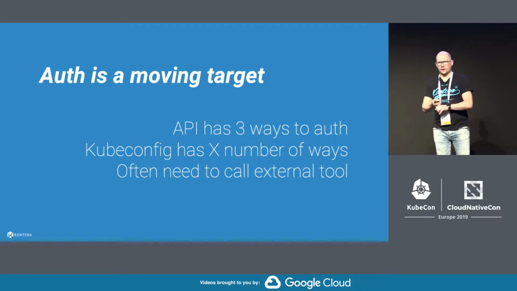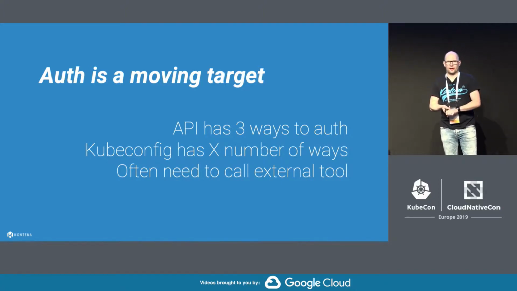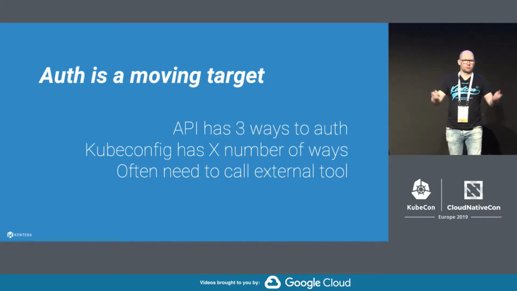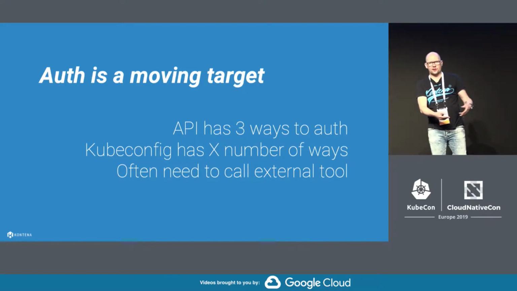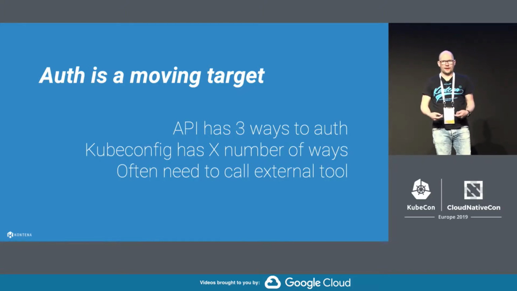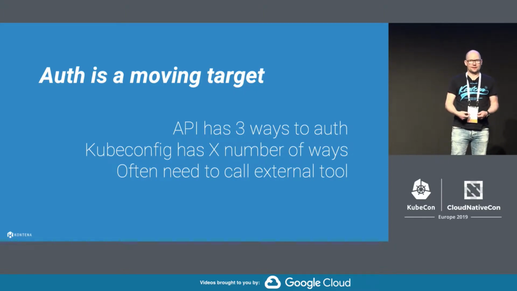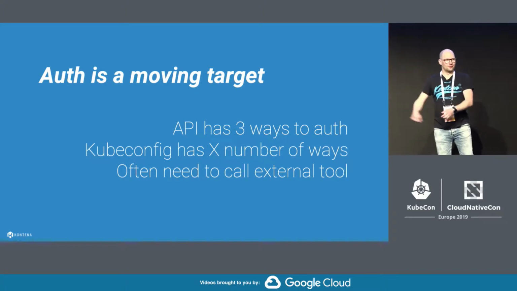Of course, for tokens there are a couple of variations, but it's still essentially token authentication. So pretty straightforward. Well, it turned out that the KubeConfig, which is used to configure the client side, has X number of ways to configure authentication. And I really mean X, because I have a gut feeling that we haven't seen all of them yet. Some weird corner cases have been popping up every now and then, and we just have to try to support them.